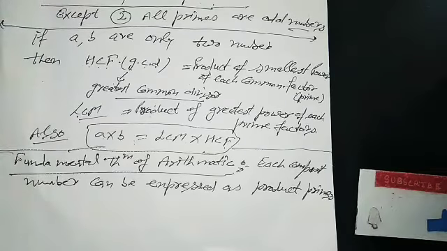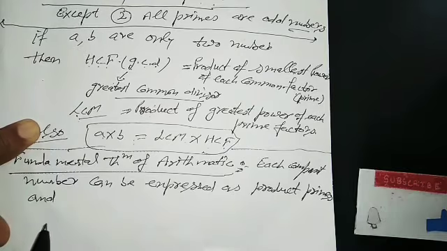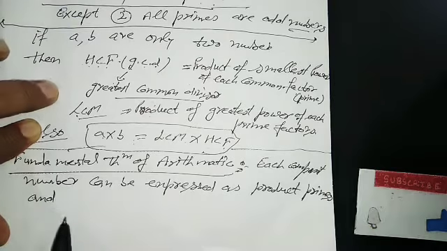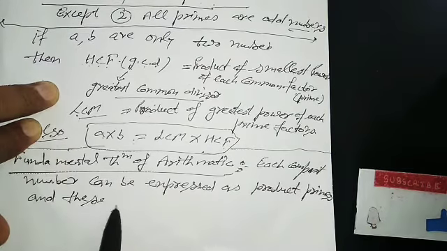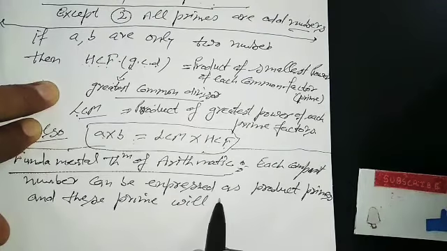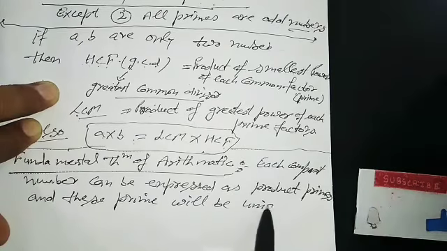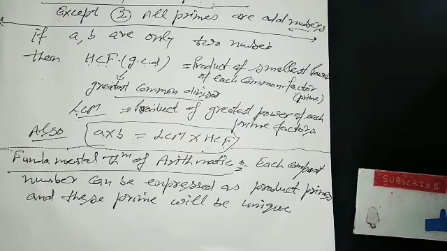Each composite number can be expressed as product of primes, and these primes will be unique, means that representation will be unique.